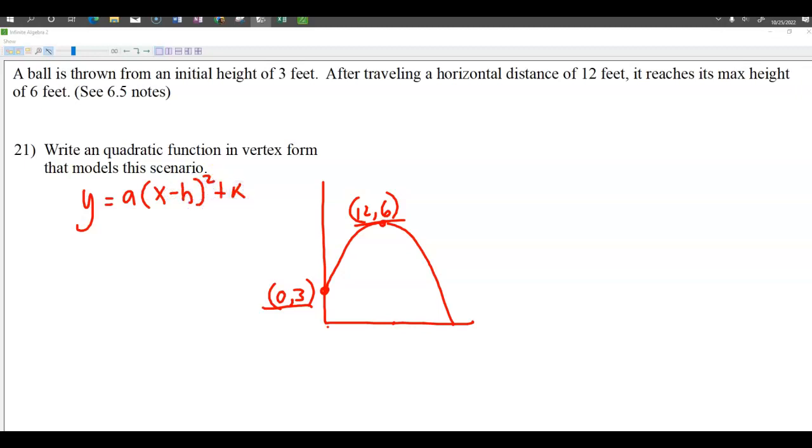The process is, this is an x, this is a y, this is the h, and this is the k. And we're going to plug those in first. And then we're going to solve for a second.